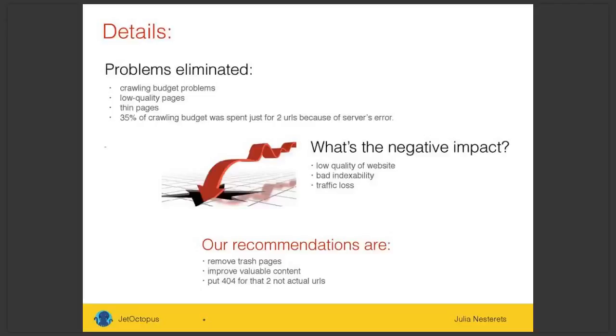So for old websites, and not only old websites but content websites in general, we always recommend keeping an eye on all the content on your website, because it really has an impact on the overall perception by bots. And of course, it leads to traffic loss.